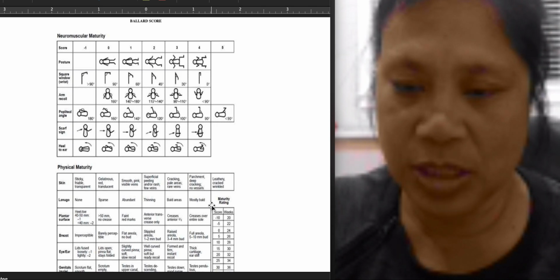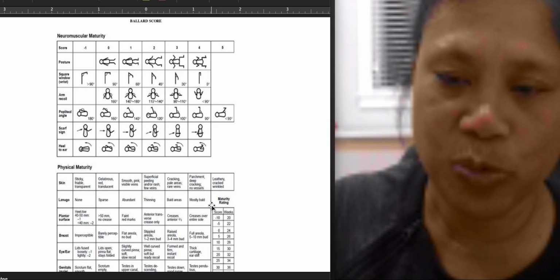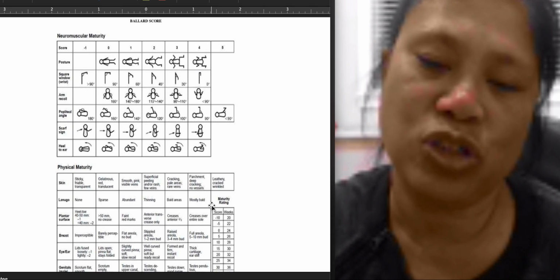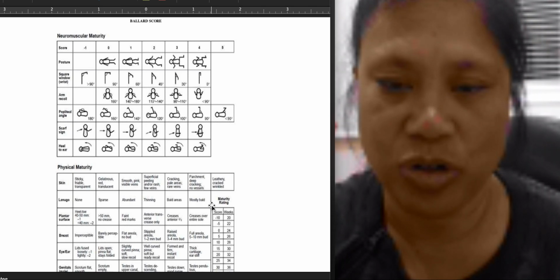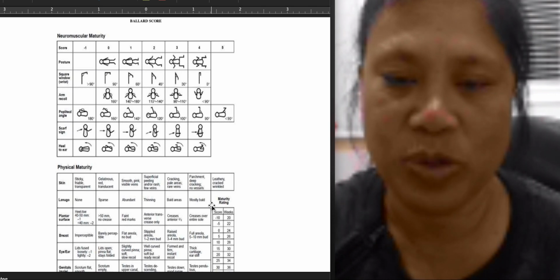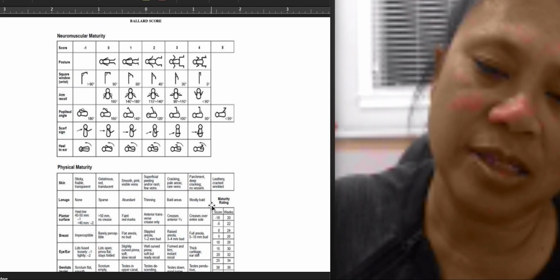So again, the first column is the least mature, and as you progress to the right, it becomes more and more mature. When you get to stage 5, that usually is post-term. Column 4 usually is term, and from this stage to the end, they're not as flexible. As they advance to the right side, they become less flexible.